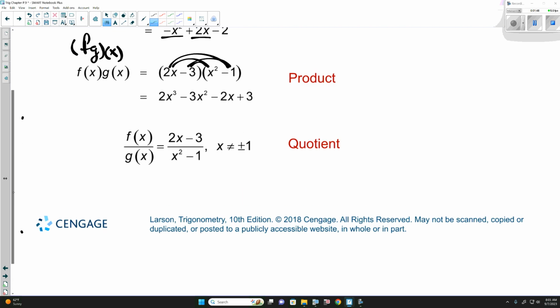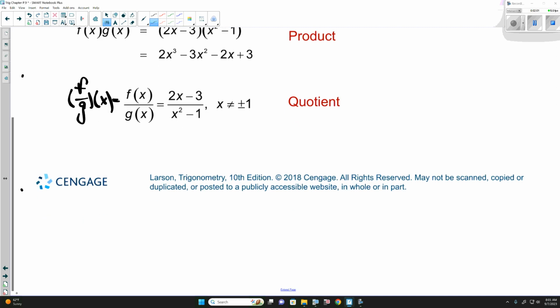And the last one is division. Now there is a quote-unquote shorthand. f divided by g of x is the same as f of x divided by g of x, and we divide these here. Now, one thing we do need to make sure, it doesn't show up here, but the denominator is factorable. x squared minus 1 is factorable.